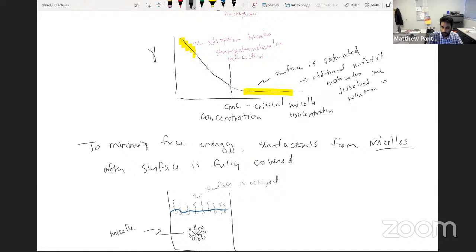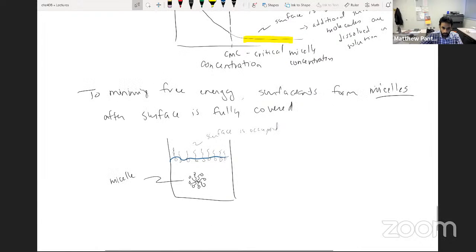It's quite easy because we can just look at the contact angle, which is directly related to the surface tension, if you remember our analysis of liquid drops sitting on a surface. So we can look at a drop of water as we add different concentrations of surfactants, and understand how the surface tension varies with the concentration. So it's quite straightforward to measure the critical micelle concentration of a system.